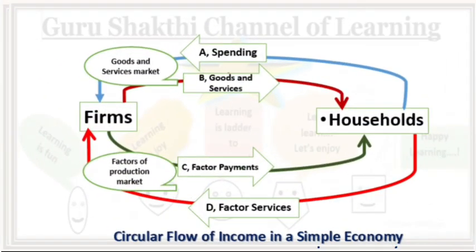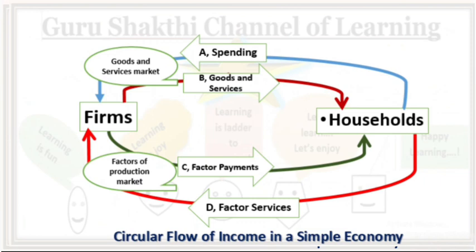Income flows through spending for goods and services from households to firms. Next, flow of goods and services occurs from firms to households. Services rendered by the households to firms get income to the households.